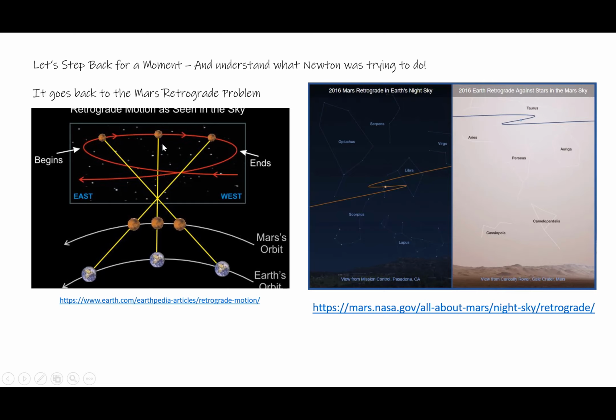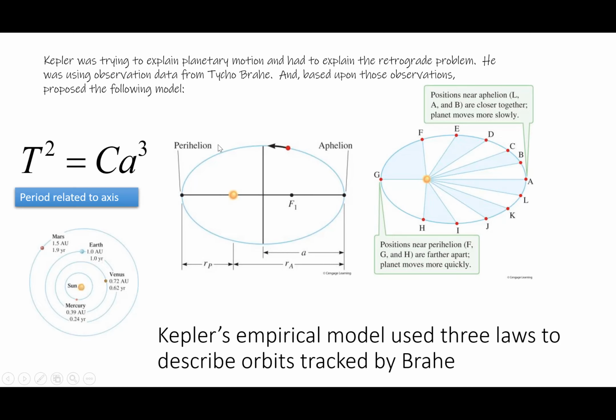It's going to look like Mars is there in the sky. But once I pass Mars, look what happens. I end up with Mars looking like it's traveling backwards. It's a relative motion problem, just like what we've seen before with velocity. They were trying to explain that motion.